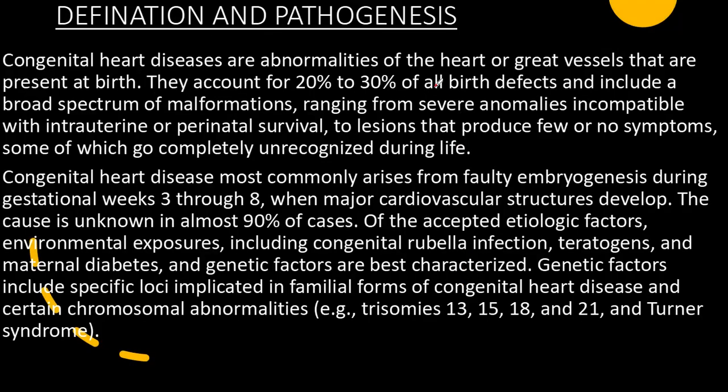Now, definition and pathogenesis. Congenital heart diseases are abnormalities of the heart or of the great vessels, that is the pulmonary trunk and the aorta, that are usually present at birth.